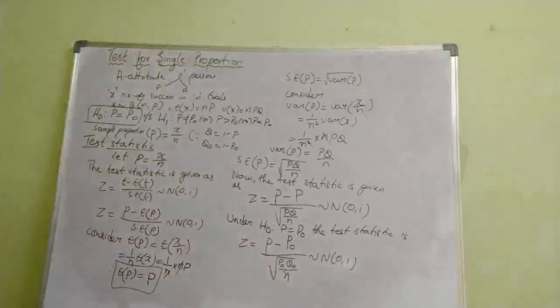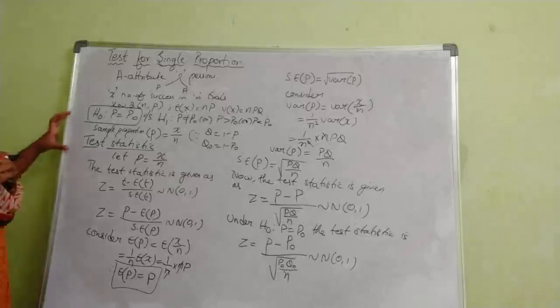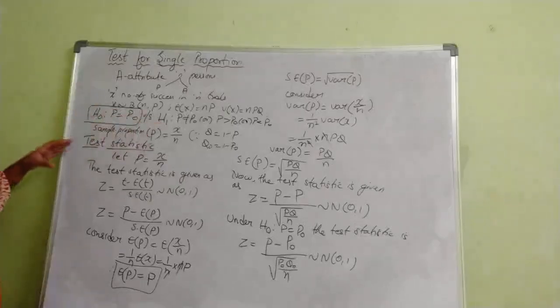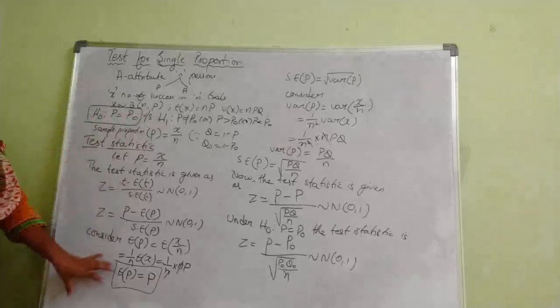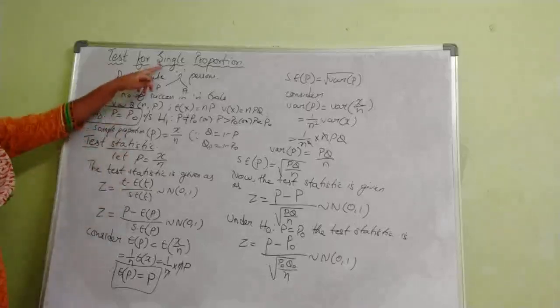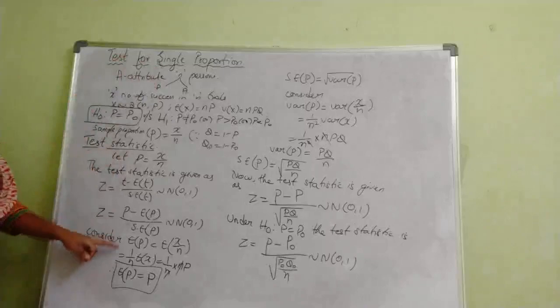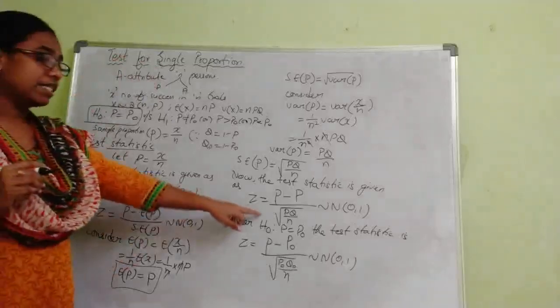So this is the procedure. First, we define what a single proportion is. Then we write the null hypothesis and alternative hypothesis. Then we specify some level of significance. Then we derive the test statistic. So here it is single proportion, so based on that single proportion only, we will be deriving our test statistic.